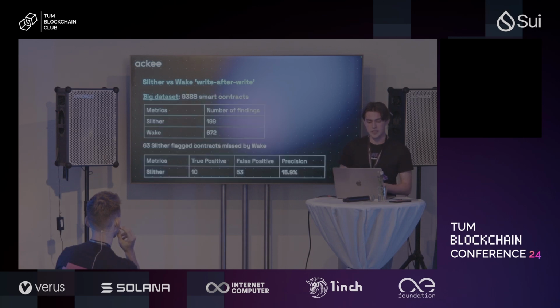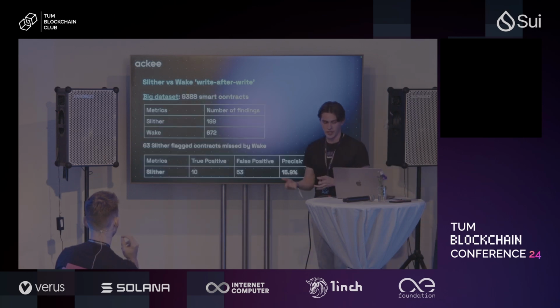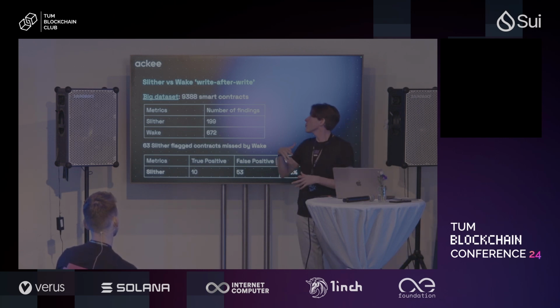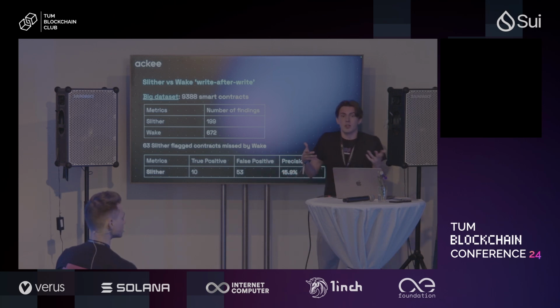The second experiment we did was just to mention the number of findings on this big dataset. We found 672 issues, in comparison with Slither, which found just 200.